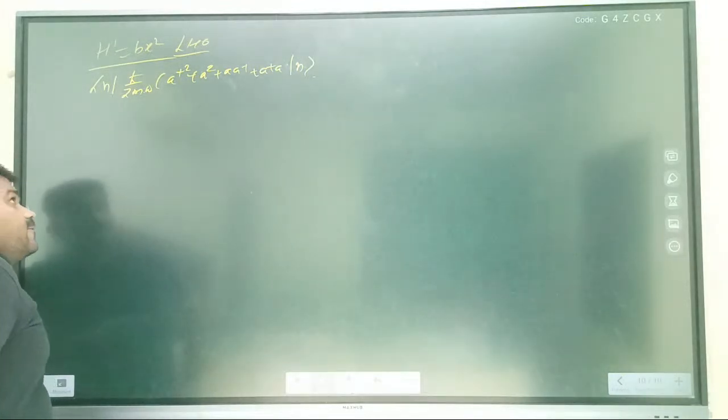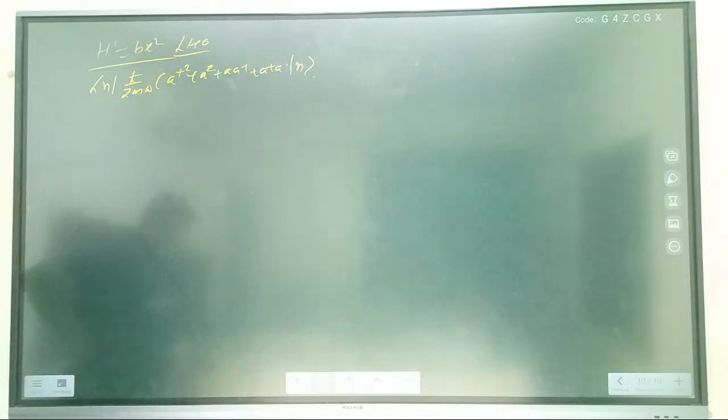Now how to solve this one? bx square solve कर सकते हैं और we can write down the 2n plus 1 and we can operate this one.